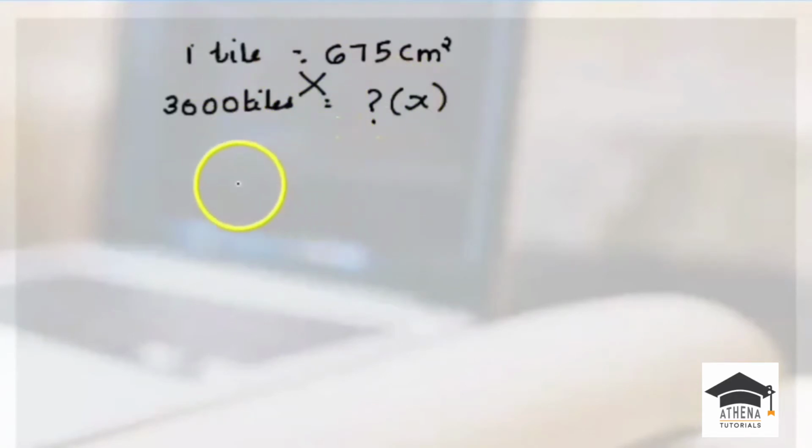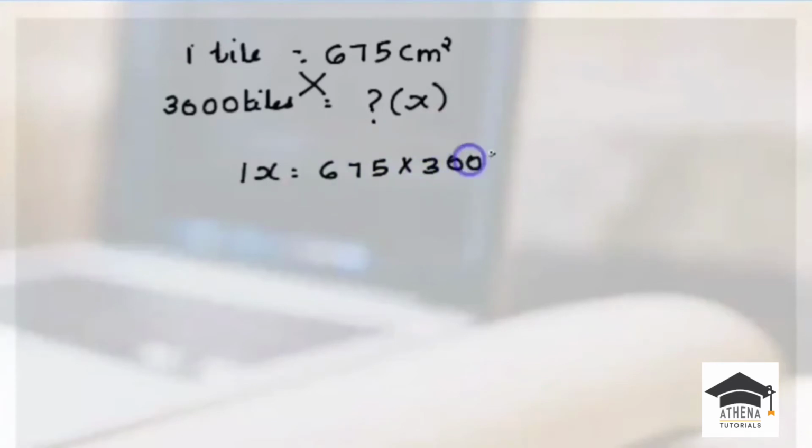So 1 into x will be 1x and 675 into 3000. This multiplication is complex. So, instead of taking the entire 3000, let's take only 3 and at the end of the answer, let's add 3 zeros.